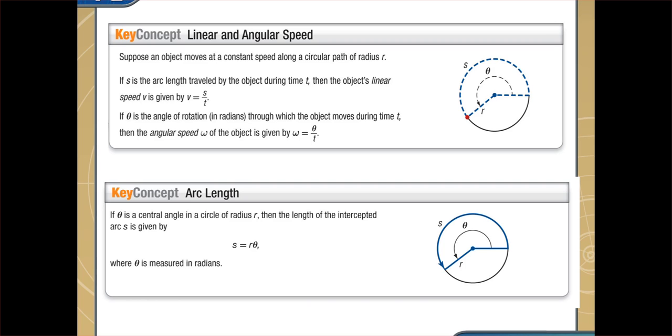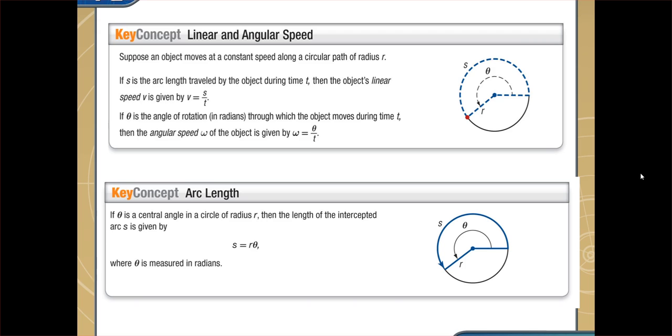So again, for angular speed we use omega equal to theta divided by t. Angular speed is the ratio of our angle theta in radian over time t.